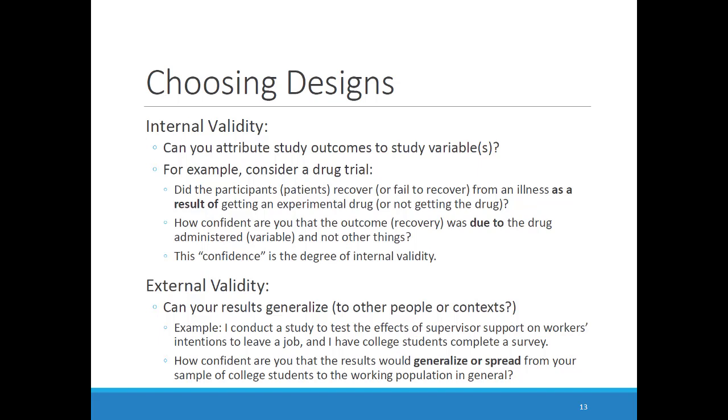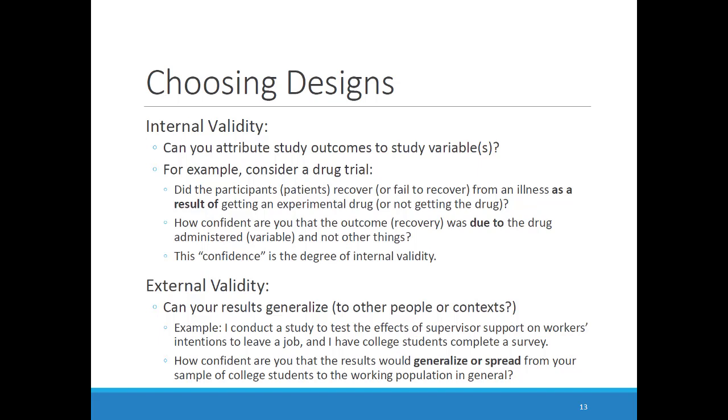In terms of internal validity, this tells us whether we can attribute the study outcomes to our study variables. So, for example, if we consider a drug trial, we would ask the question, did the participants, in this case the patients, recover or fail to recover from an illness as a result of getting an experimental drug or not getting the drug?